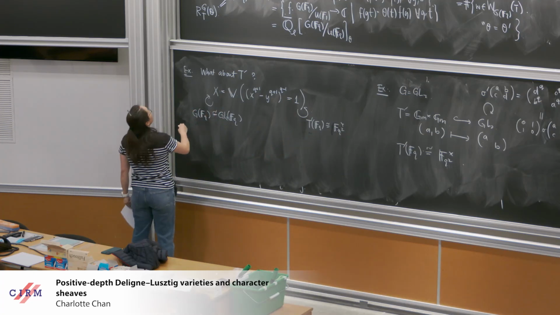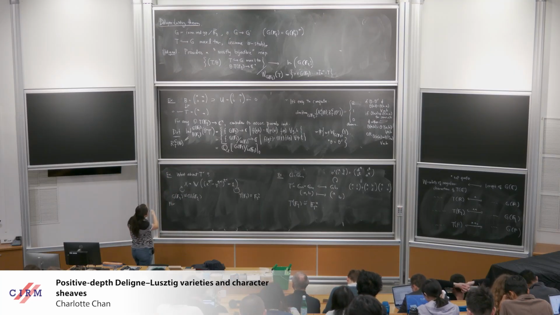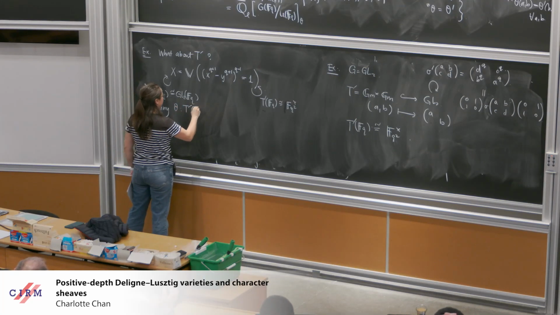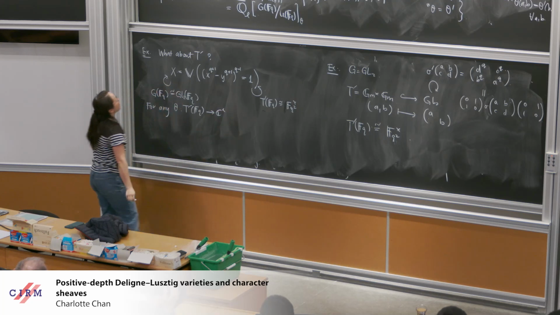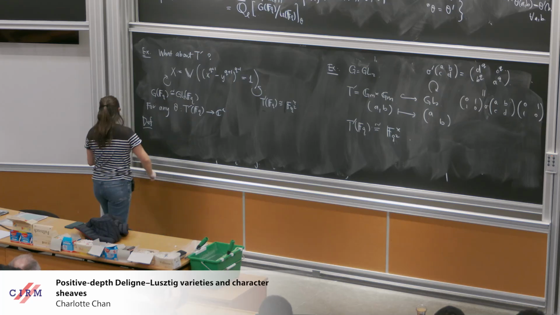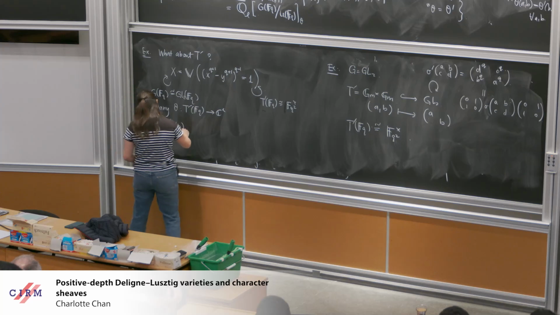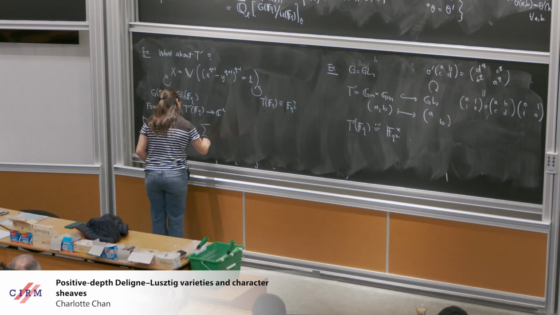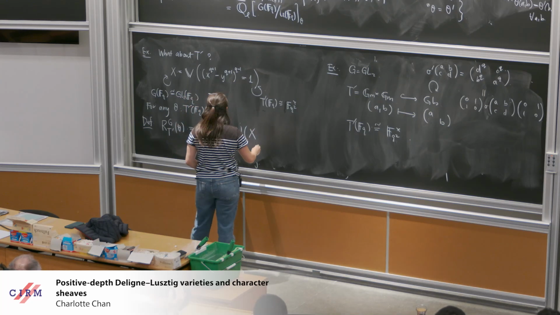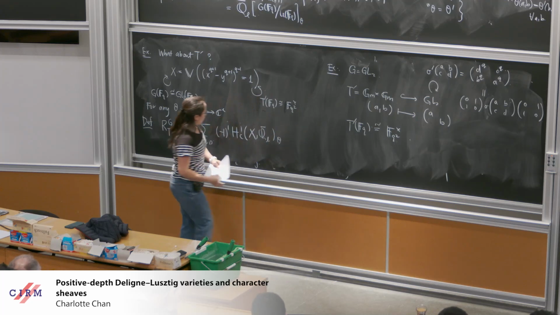Okay, and so we can do the same kind of definition as up here for parabolic induction, but now slightly fancy. For any theta character of this FQ squared star, we can consider what's called its Deligne-Lusztig induction, R_{T'}^G(theta), given by the Euler characteristic, thought of as a virtual representation, of X, and then I put this theta here.